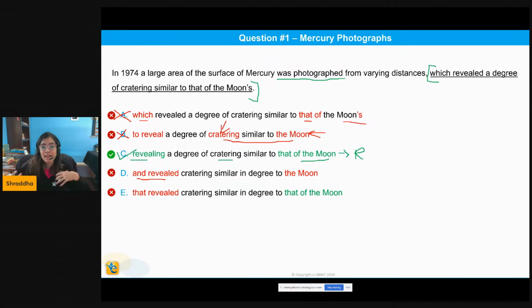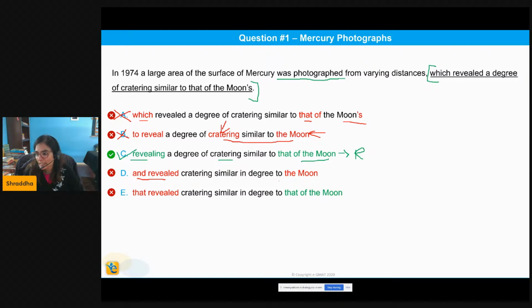That cause and effect, that logical connection between these two actions is now gone with choice D, because it is saying Mercury was photographed, that's one independent action, and Mercury revealed cratering similar to the moon. It has got nothing to do with the action of was photographed, and that is not the intended meaning of the sentence. And that's why I can reject choice D so easily.